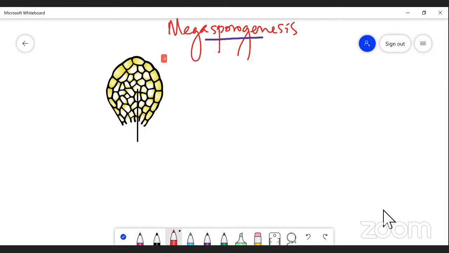Here, the archisporium is found at the center of the ovule. Archisporium is a group of specialized parenchymal tissue found at the center of the ovule. You can see, right? This archisporium gives rise to 2 types of cells.